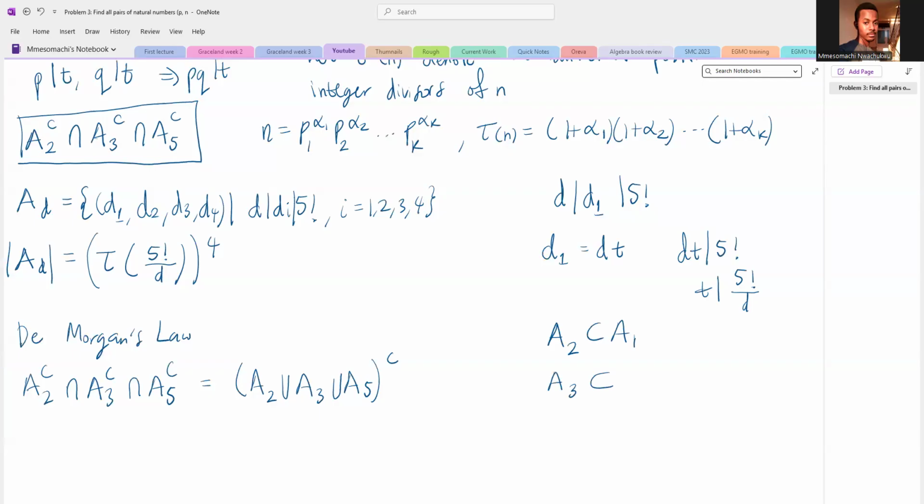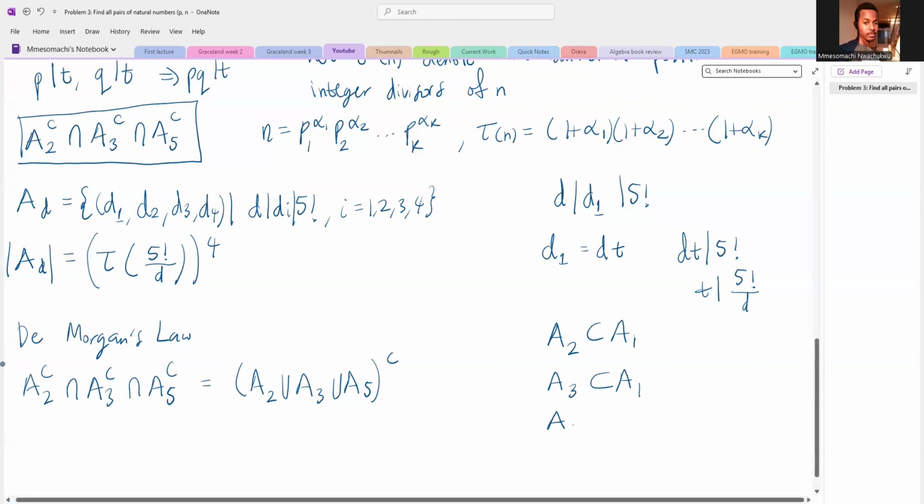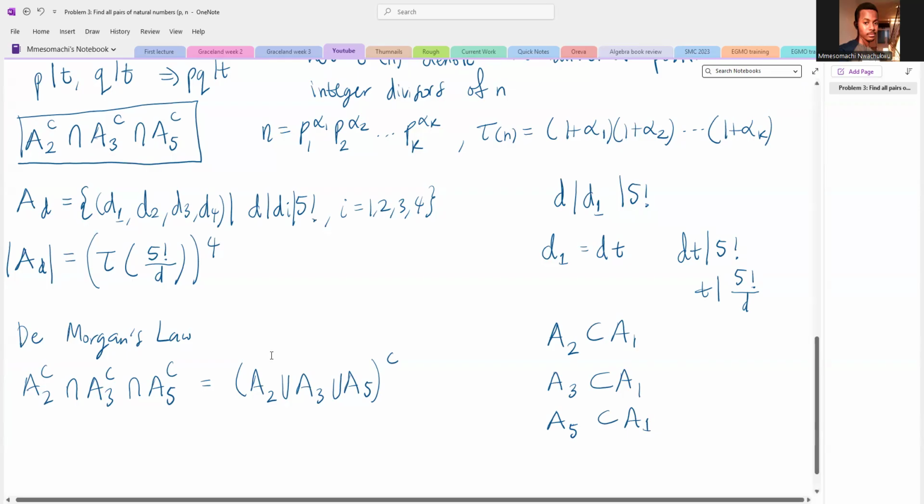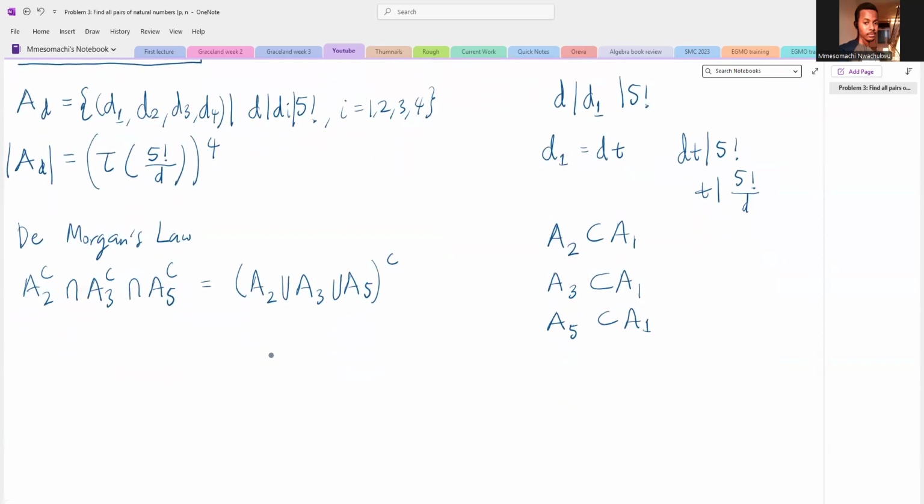So basically, we have that A2 is contained in A1, A3 is contained in A1, A5 is contained in A1. Now let's break this down. It means the size of this set.